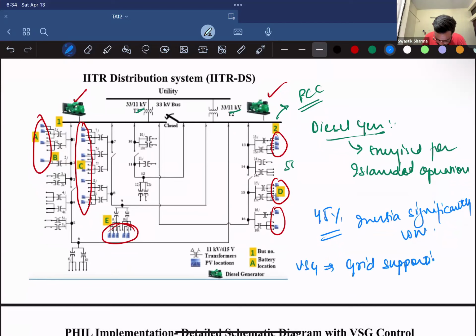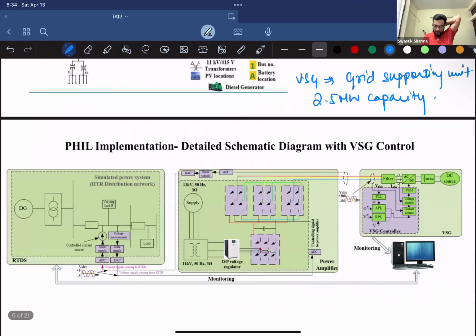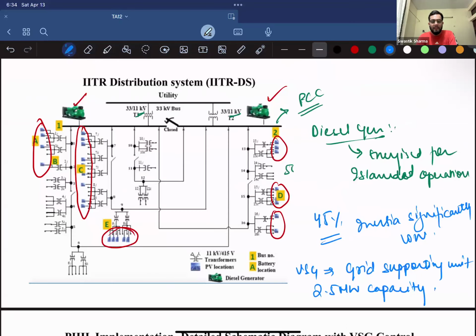That is, it supports the grid, and they have a total of, I guess, 2.5 megawatt capacity taken for this VSG, and they have a lot of load.